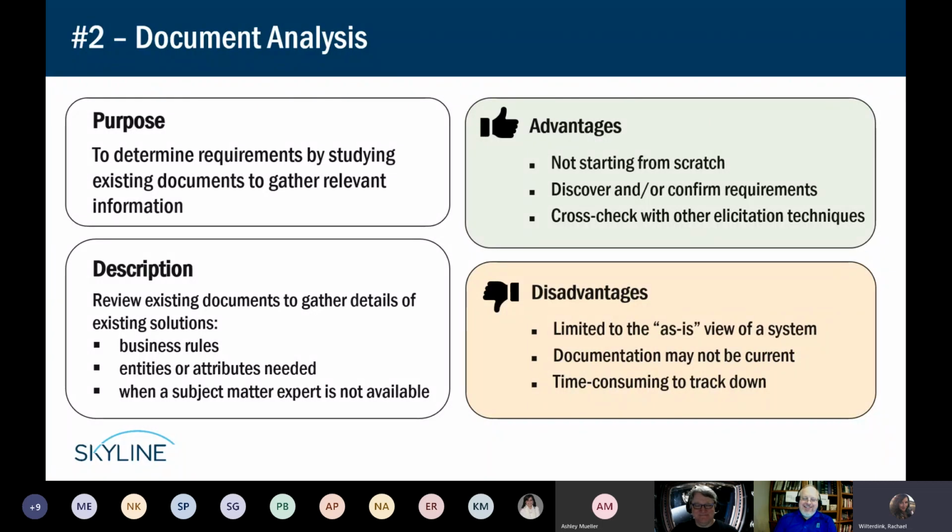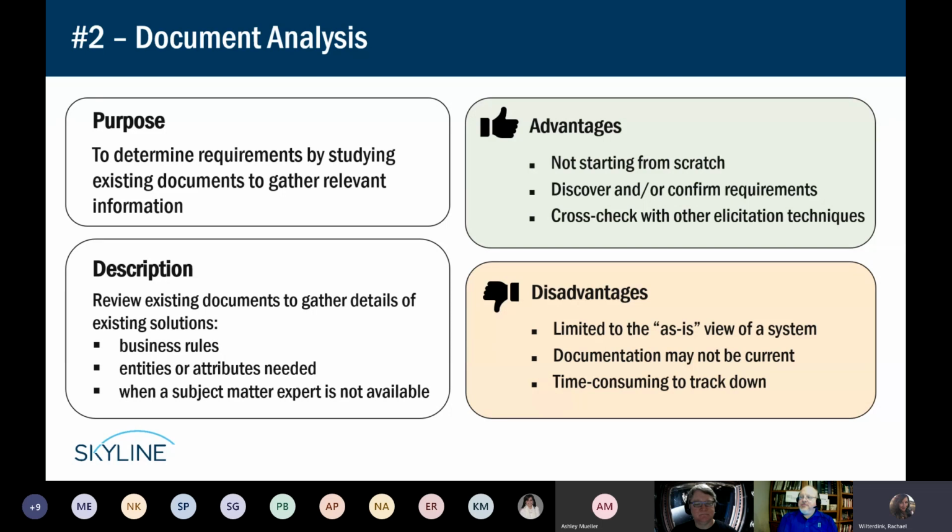I was just blown away when I heard that this company, which is a pretty large enterprise-sized company, had no documentation for the system that I was going to be working on. It was quite alarming. But basically, you're looking for information about a system, and you want to look at anything that you possibly can that will give you information.